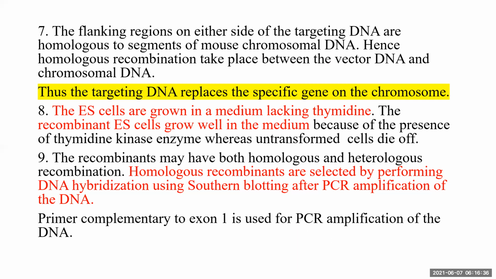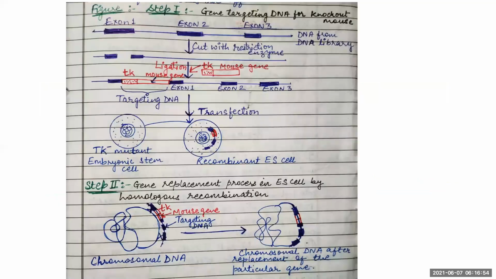Now this targeting DNA is amplified by PCR. How? By using a primer complementary to exon 1, the first exon at 5'. You amplify it, perform DNA hybridization by Southern blotting, and identify the homologous recombinants. You may not do this step also.